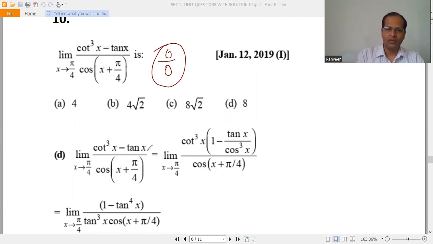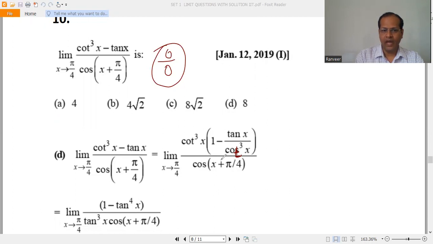Now what we have to do, cot cube x, suppose we are taking common. So cot cube x times 1 minus tan x by cot cube x, divided by cos x plus pi by 4.